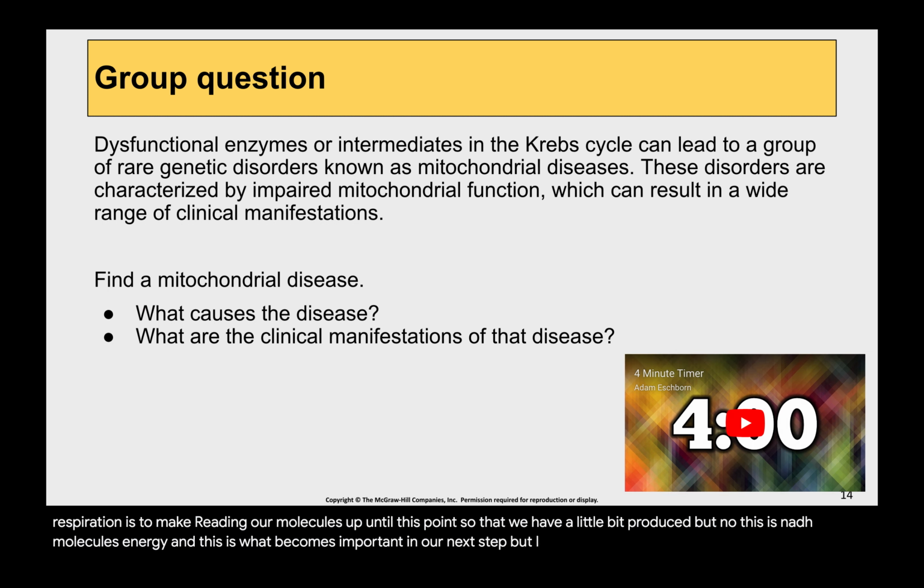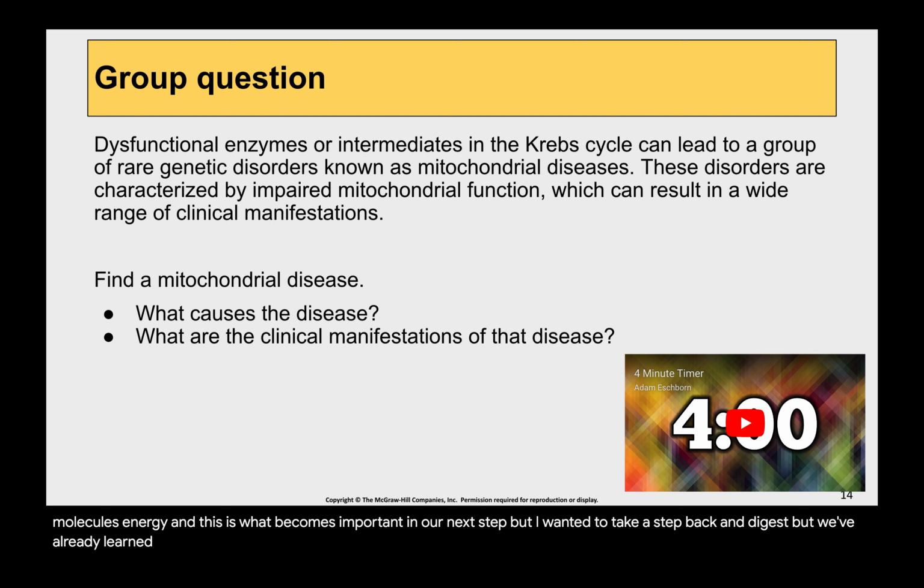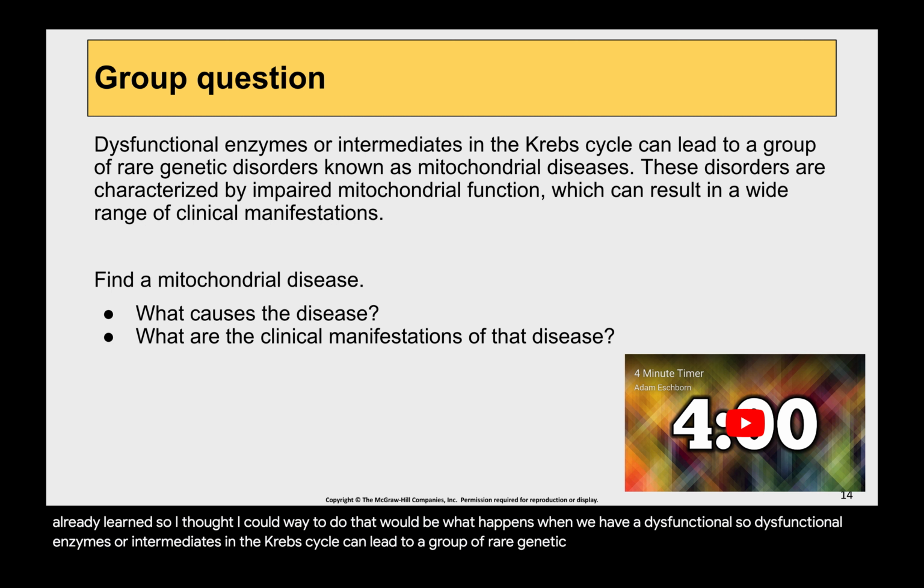But I want us to take a step back and digest what we've already learned. I thought a good way to do that would be to research what happens when we have a dysfunctional Krebs cycle. Dysfunctional enzymes or intermediates in the Krebs cycle can lead to a group of rare genetic disorders known as mitochondrial diseases.